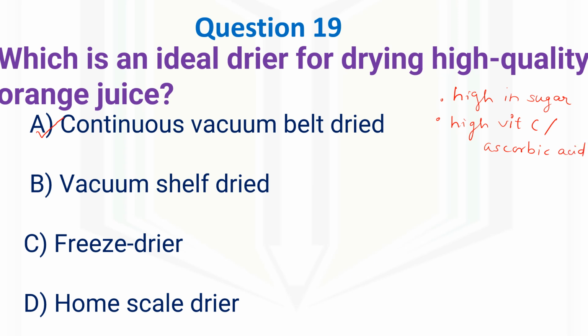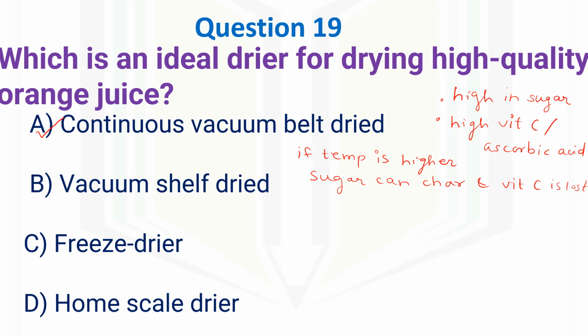And when we are applying high heat, if the temperature is higher, the sugar can char or it will get caramelized, and vitamin C is lost during the high temperature processing.